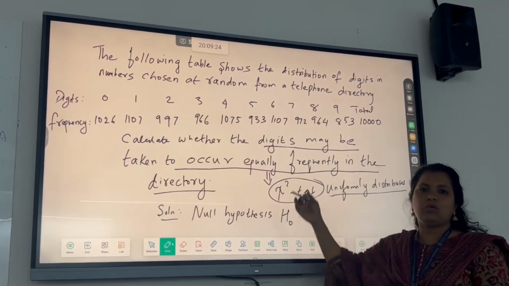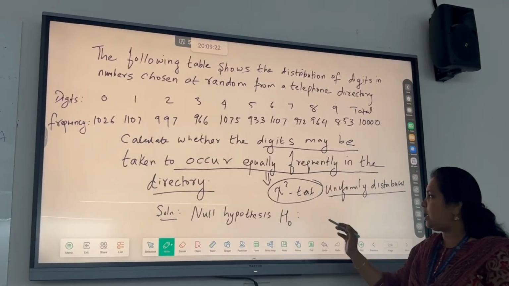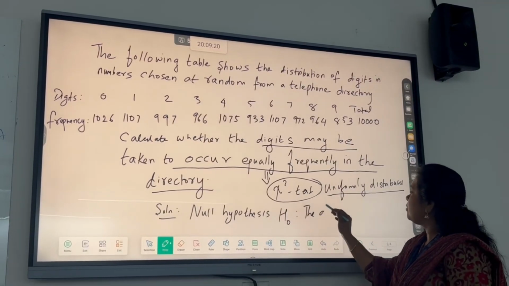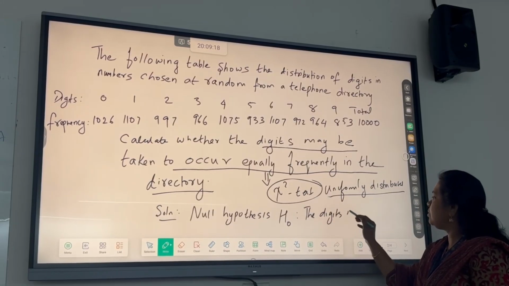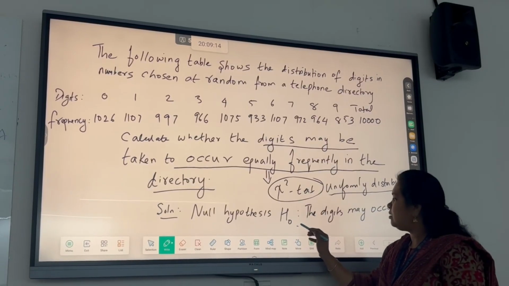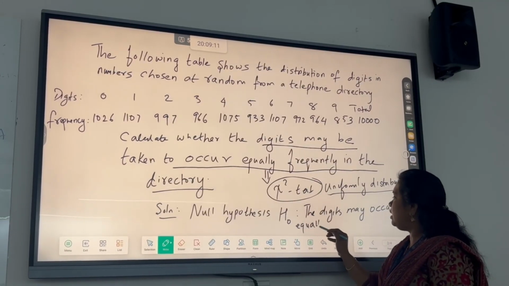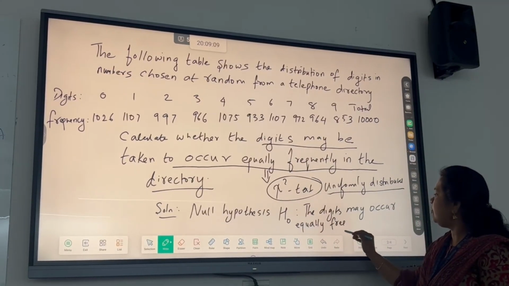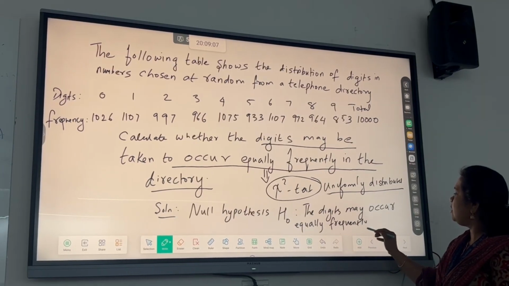So the same thing you can write in the null hypothesis, that digits may occur equally frequently in the directory.